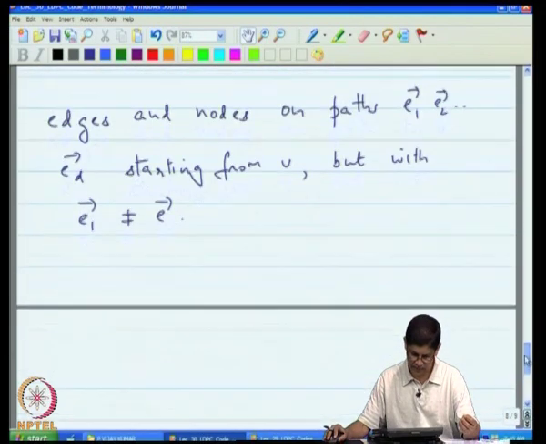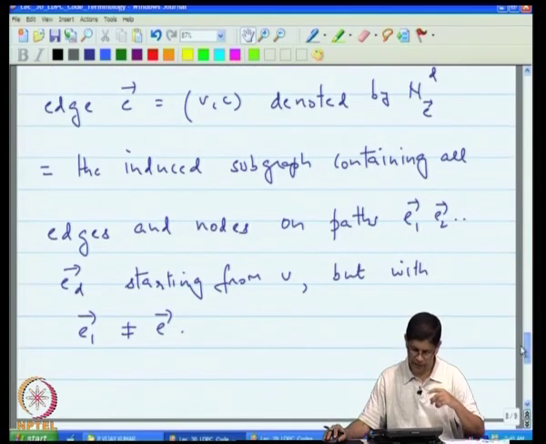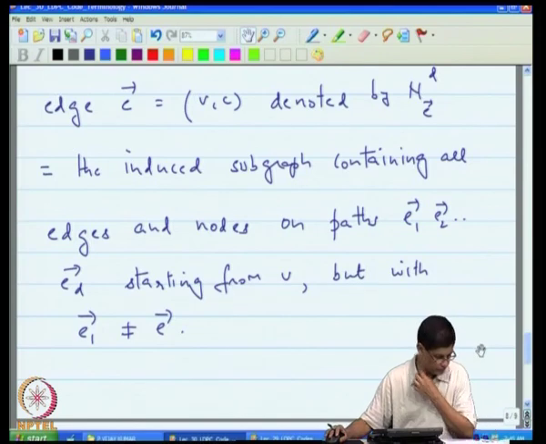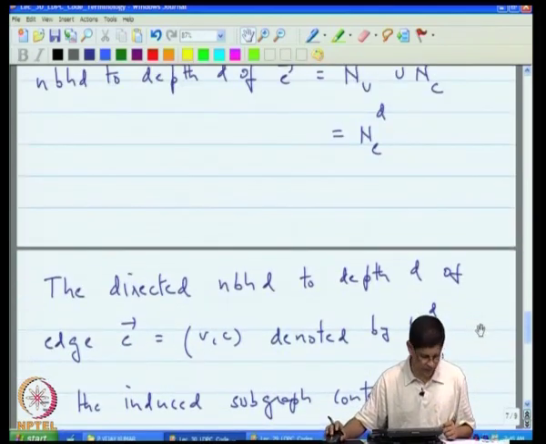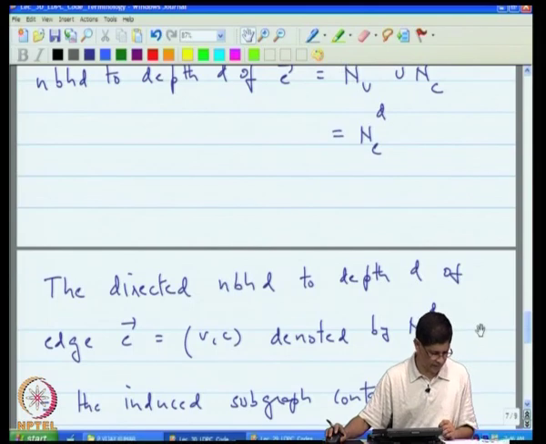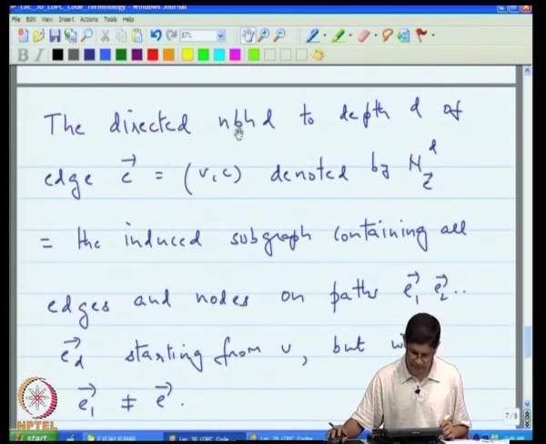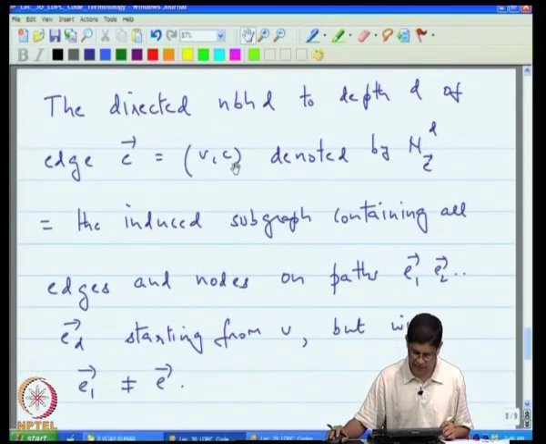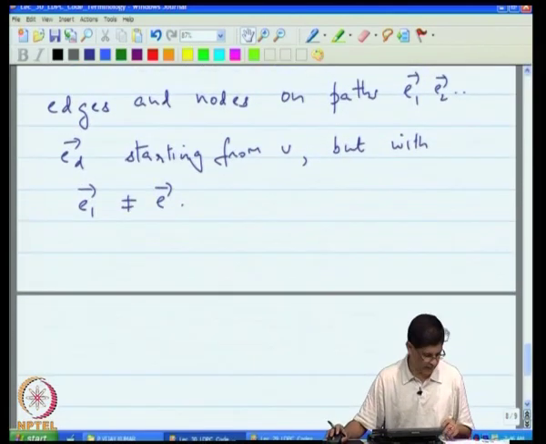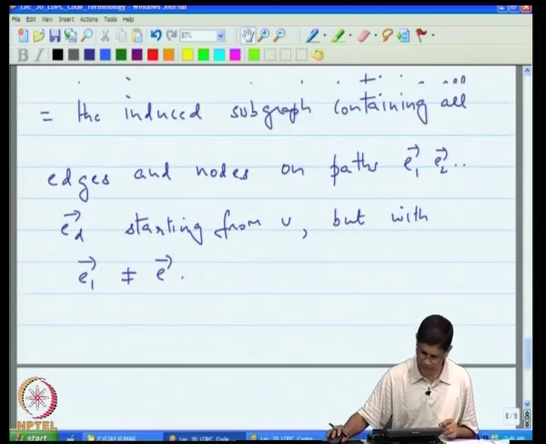That is what is meant by the directed neighborhood, and the difference in terms of notation is that we put an arrow on the edge. All right. Here you can actually prove that there is nothing particularly important about v and c being like this. You could also start with a c and you would have an analogous definition in which you talked about the directed neighborhood to depth d of an edge of type (c, v).